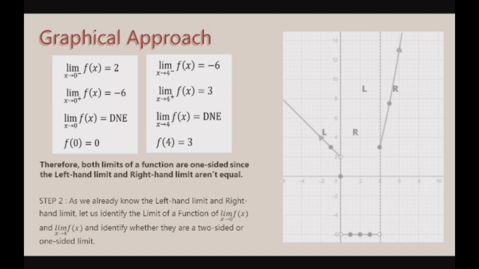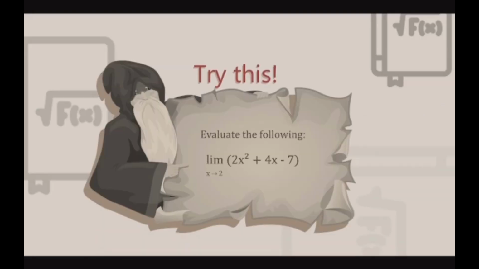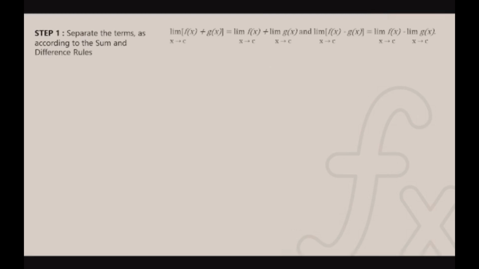Limit theorems. Evaluate the following: the limit of the function 2x squared plus 4x minus 7 as x approaches 2. Step 1. Separate the terms according to the sum and difference rules.